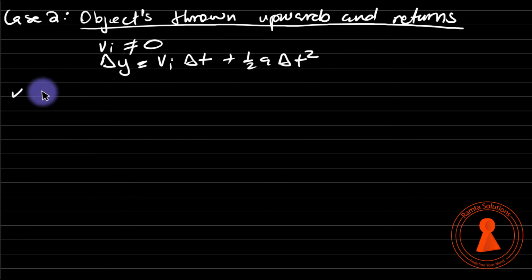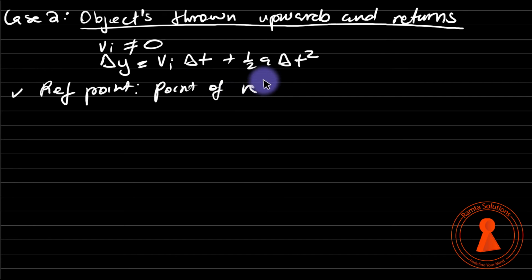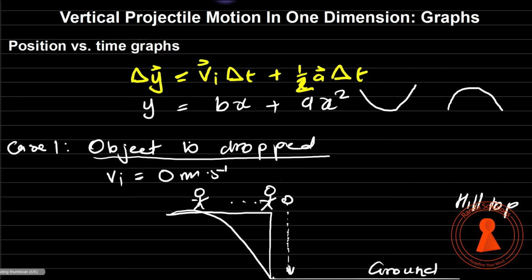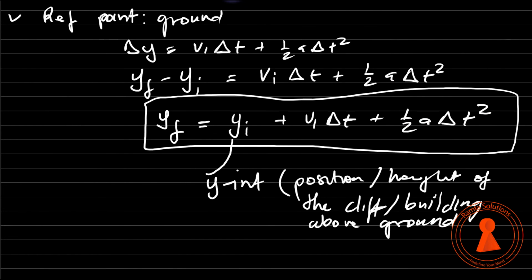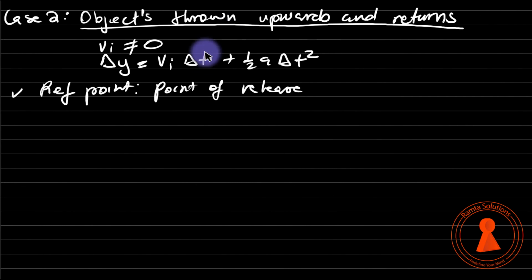Now, we're going to start with the reference point being the point of release. Let me call it hilltop as well. Hilltop or point of release, they are the same thing.